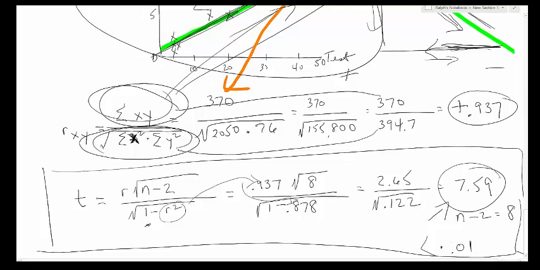So, for example, I will tell you that in order to conclude that there is a correlation, the R value has to be better than, let's say, 0.60. And then you would say, this is better than 0.60. So it is significant, and we would reject the null.